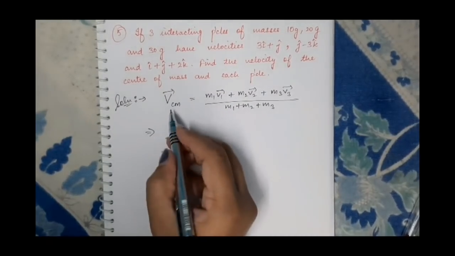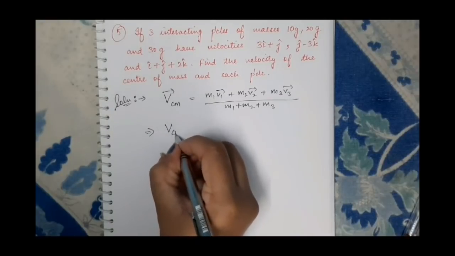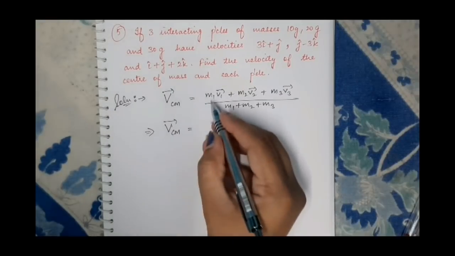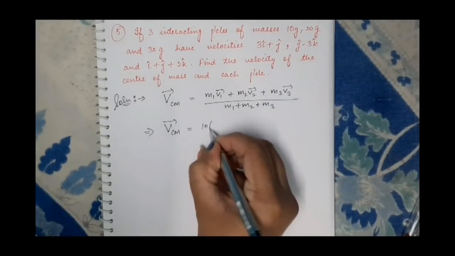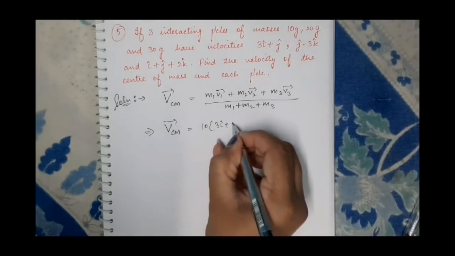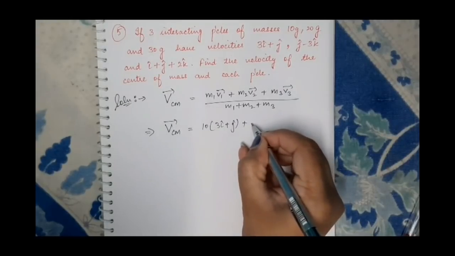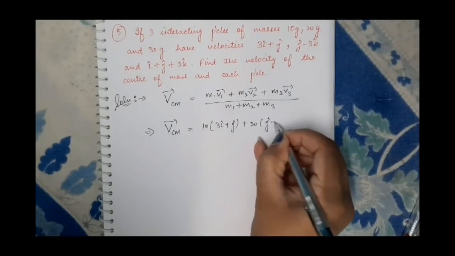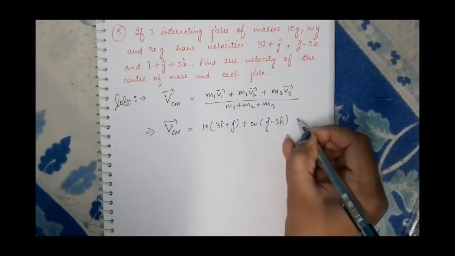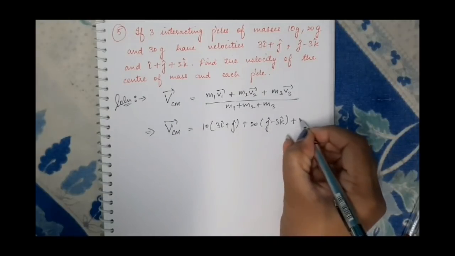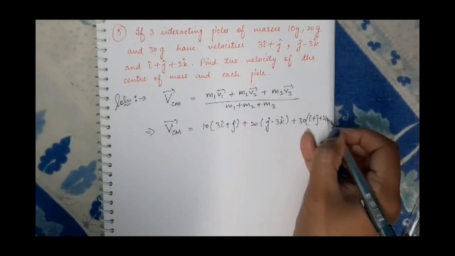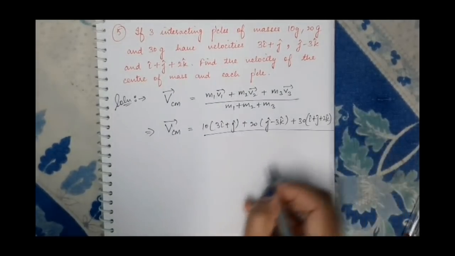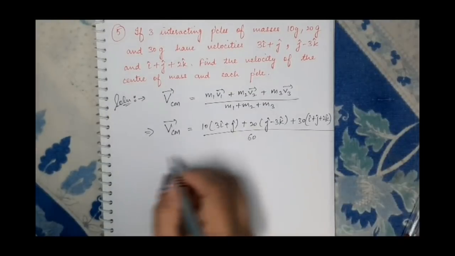Put the values on the right hand side. We have 10 into (3 I cap plus j cap) plus 20 into (j cap minus 3 k cap) plus 30 into (I plus j plus 2k), divided by 10 plus 20 plus 30, which will be 60.